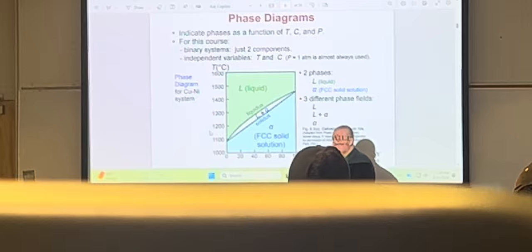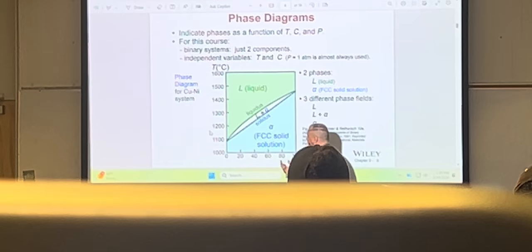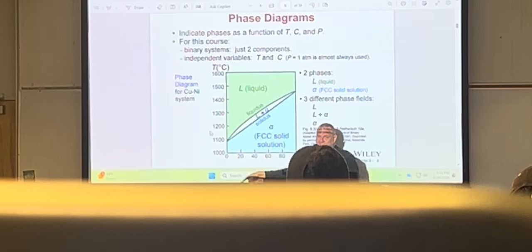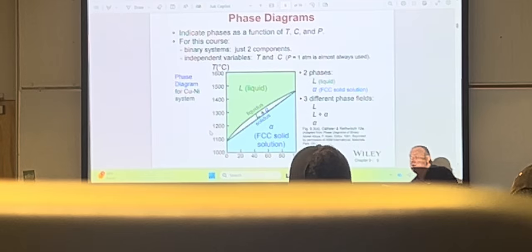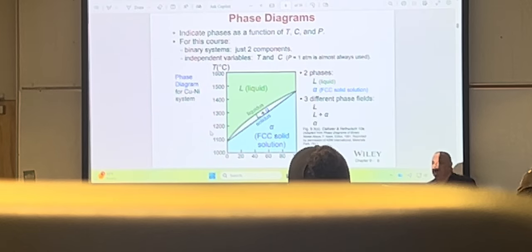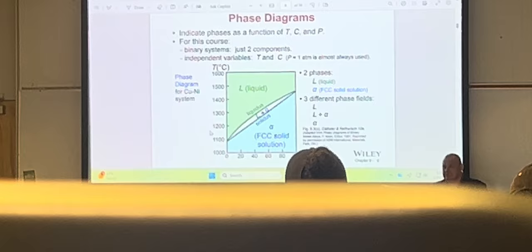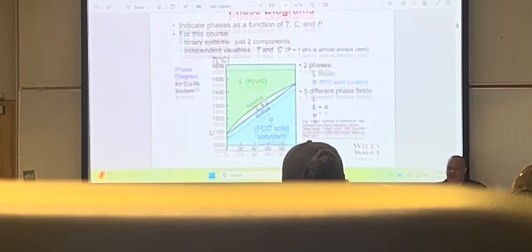Then you have to heat it up until it melts, and that's how this is experimental data. This is why for the phase diagrams, ASM and ASME, they sell those phase diagram books for thousands of dollars, because it was very labor intensive to get this data. That's why it has so much value.